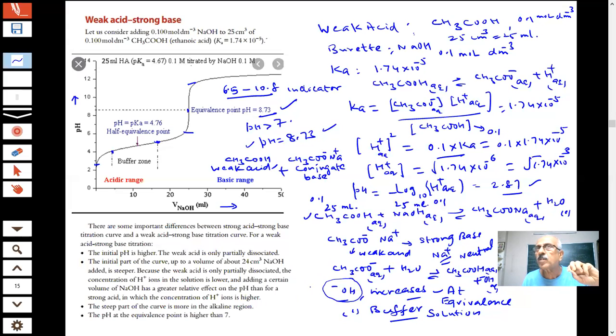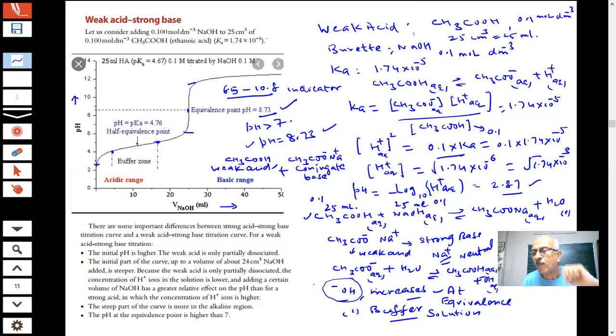What we are trying to say is, in a weak acid you have fewer H+ ions. So if you add NaOH, more OH- ions are coming. If the OH- ion concentration is more, what will happen to the pH? The pH will show more increase because OH- ions are coming and there is less H+ in a weak acid as compared to a strong acid.